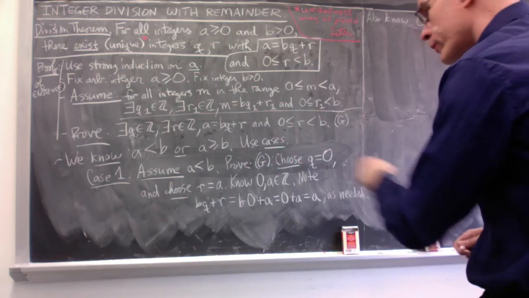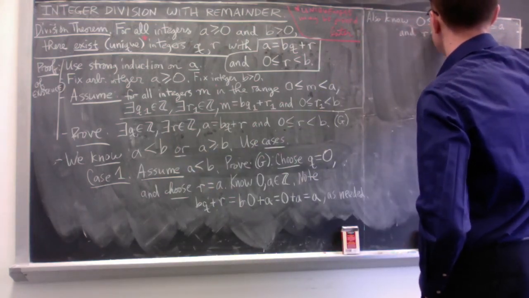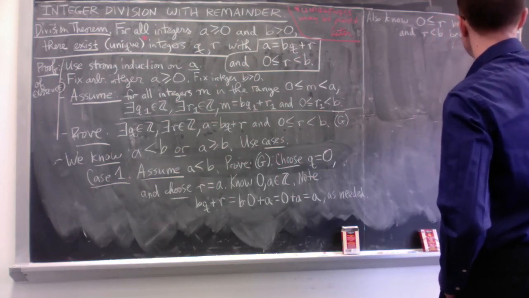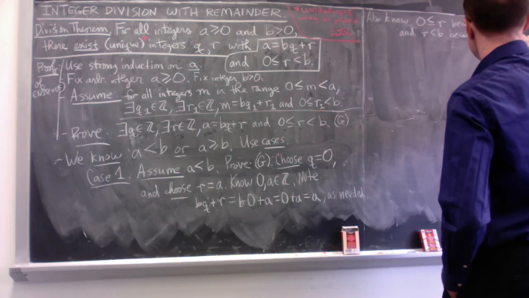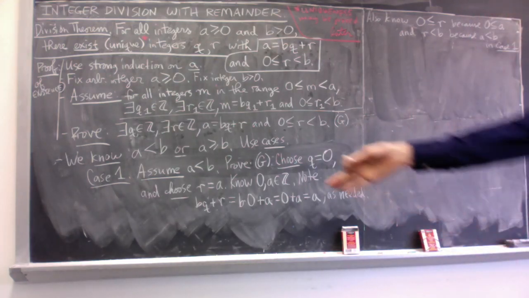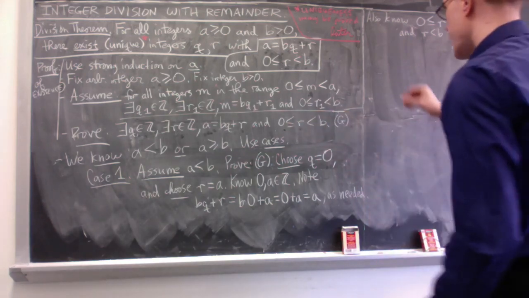And r is less than b because that's the case that we're in. That's the whole reason we made this case, because that would make the remainder just be equal to a. But this is the case where that works. Okay. All right, and that's the base case, which is actually b different values of a, 0, 1, 2, up through b minus 1, all fall into this case 1.